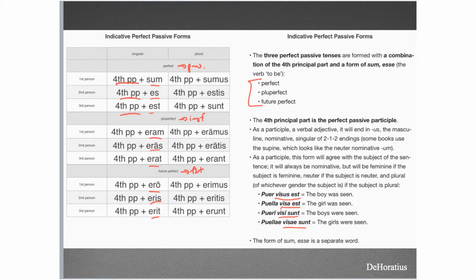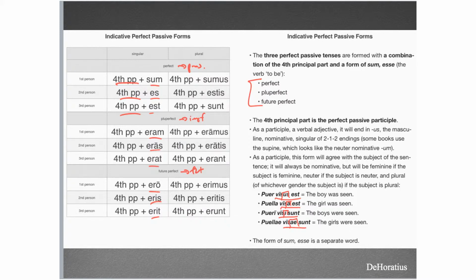Okay. The final thing I'll point out is that the fourth principal part is a participle, the perfect passive participle, and as a participle, it is an adjective. A participle, remember, is a verb that functions like an adjective. And so what that means is its ending is going to change based on the subject. So you can see in the examples here that those are 4 different endings, because there are 4 different subjects.